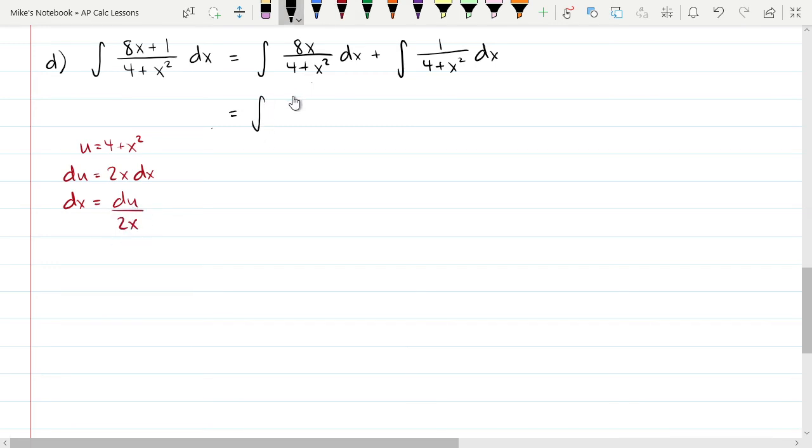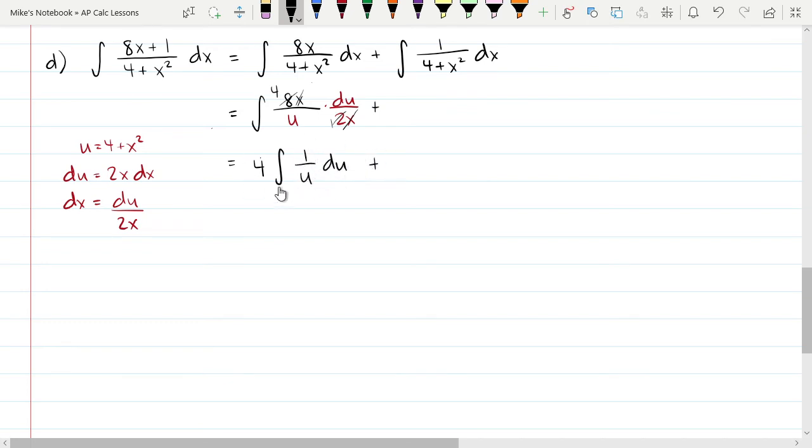So that means I would now have the integral of 8x over u times du over 2x. I'm going to come back to that second integral in just a moment. So now this would become, the x's divide out, the 8 and the 2 divide to become a 4. So now I can move the 4 out in front, and I just have 1 over u du.